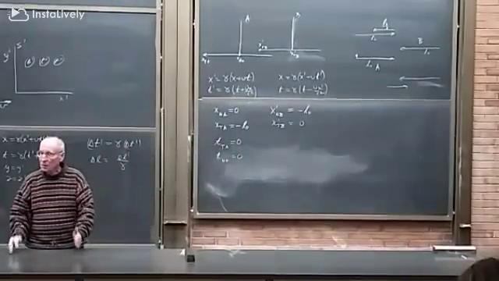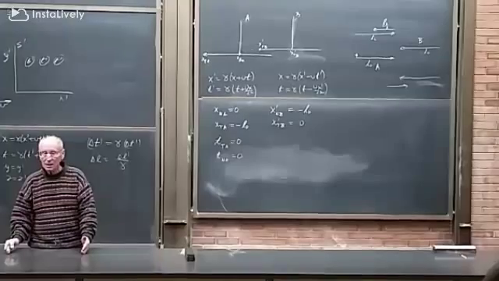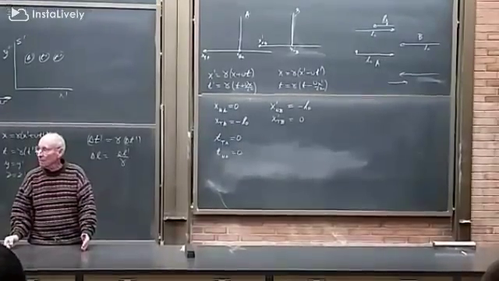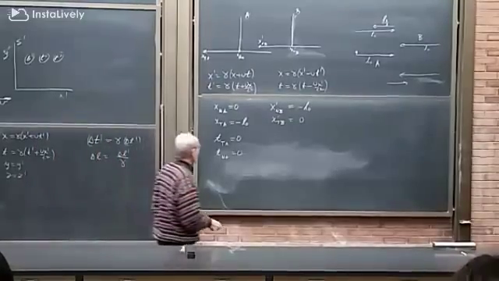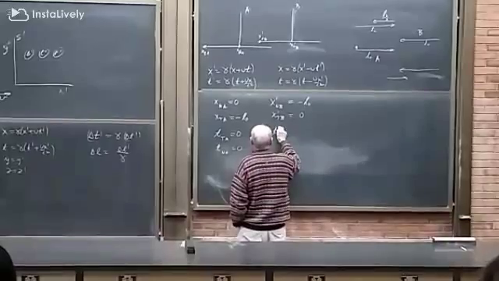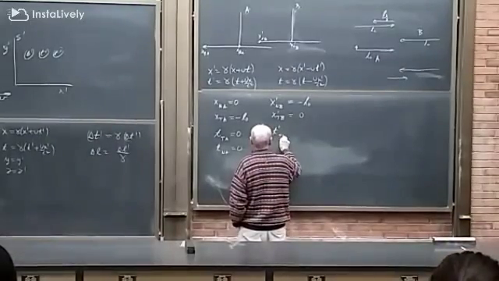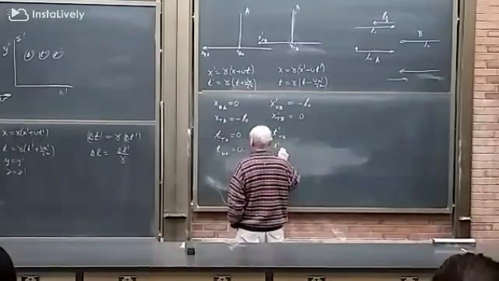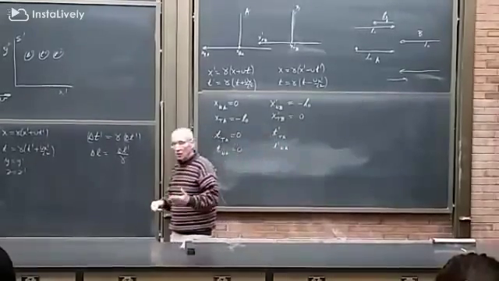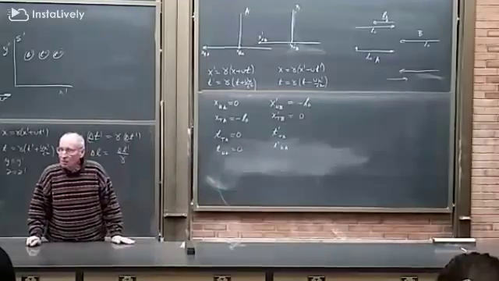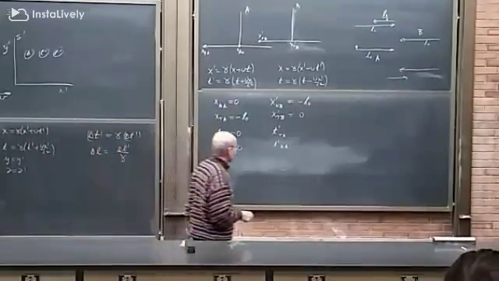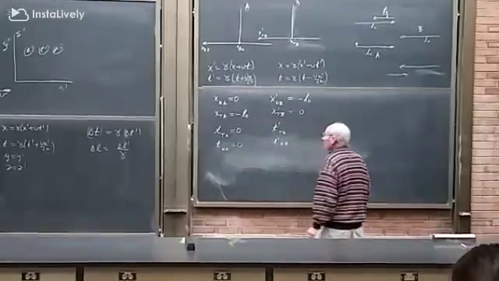Because the gunner fires when the clocks in the A system, the unprimed system, both read 0. Okay? Now over here, we will have t prime tail A, t prime nose A. They do not necessarily equal 0. Okay? So now, let's see what we can do here.